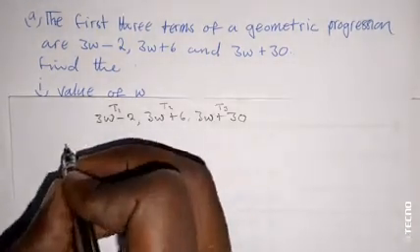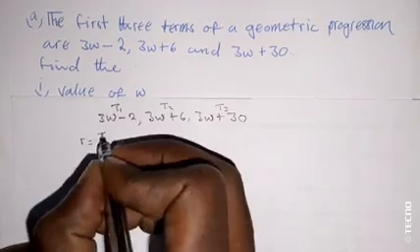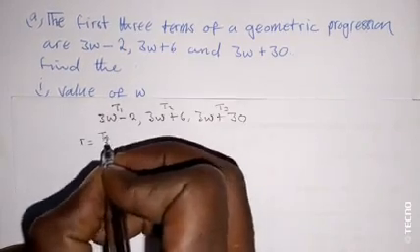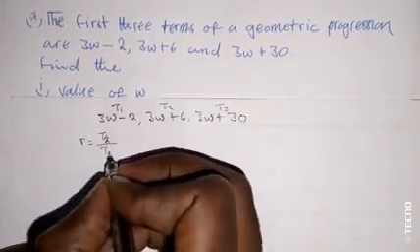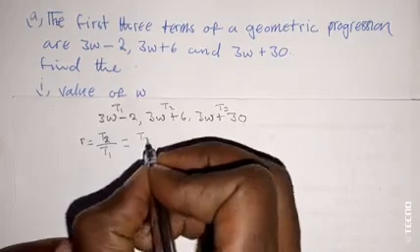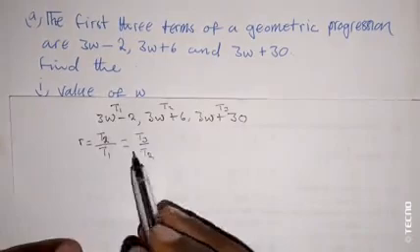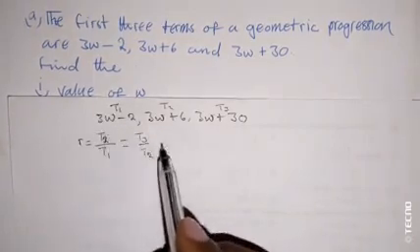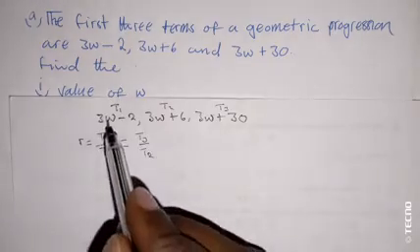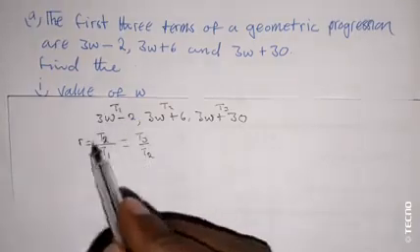For the common ratio, the formula is r equals the second term divided by the first term, which is also equal to the third term over the second term. Here we are going to use this because we want to find the value of w.